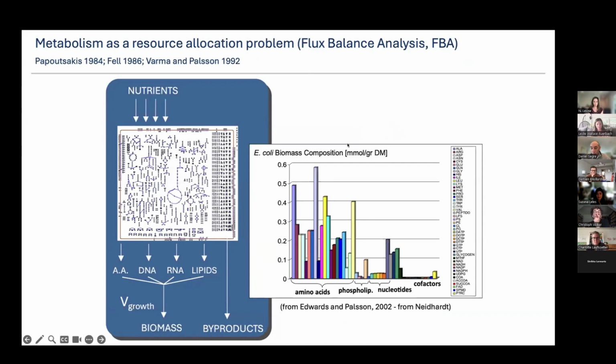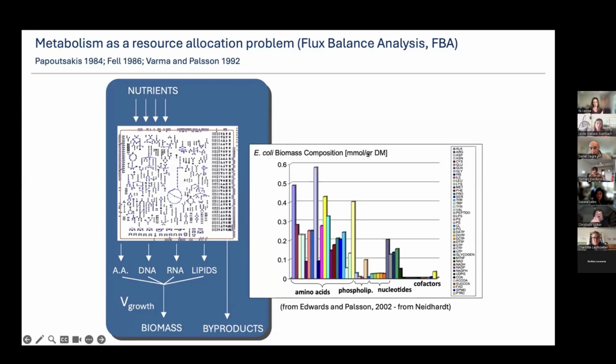And one component that is also very important in making predictions is the biomass composition of the organisms, which is the ultimate sink of metabolites in the cell. This needs to be measured experimentally. This is the biomass composition of E. coli, the different amino acids, phospholipids, and so on.